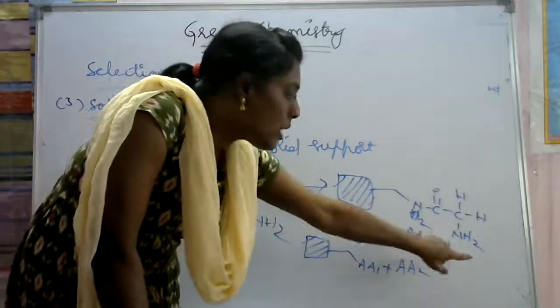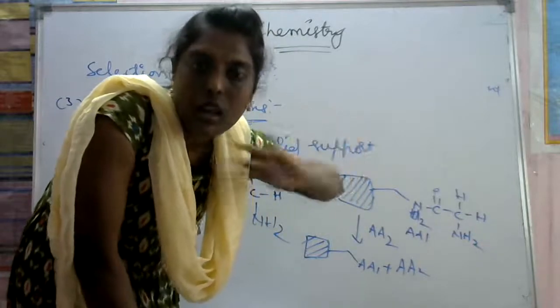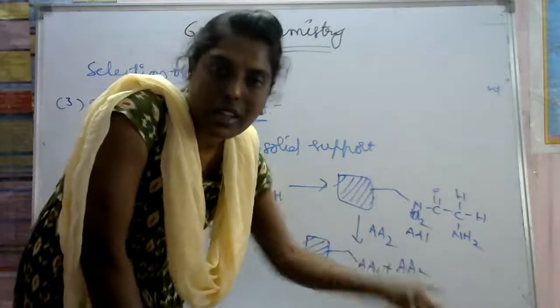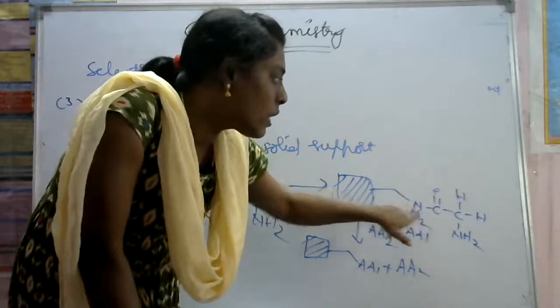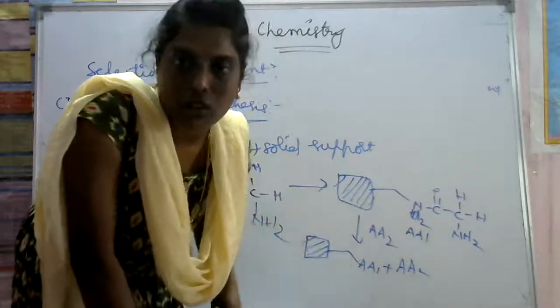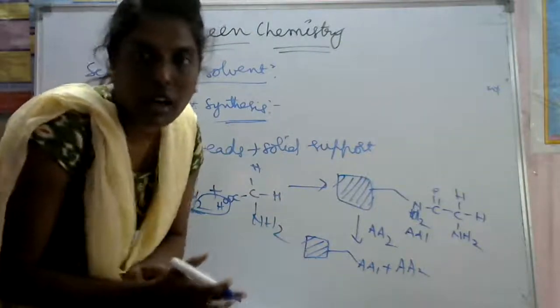So it will remove this H and that OH group, and forms another peptide bond. This CO-NH bond is called a peptide bond. Like that we have to prepare proteins, amino acids or proteins.